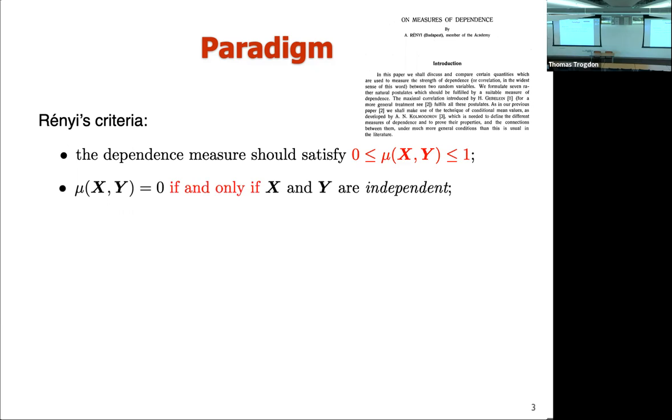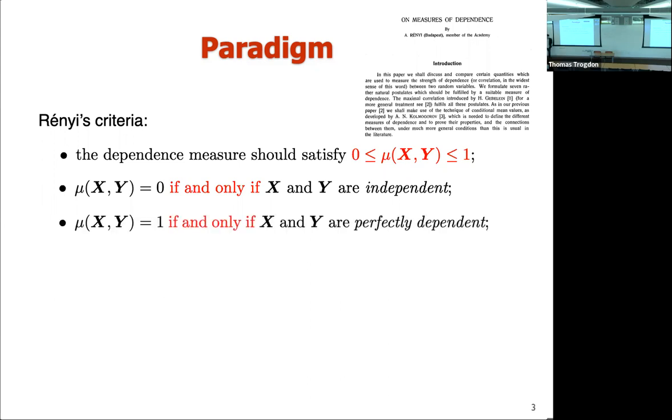Second, this one is a population measure, based only on the joint probability measure of X and Y. It is 0 if and only if X and Y are independent. Pretty nice. Third, this measure of dependence should be 1 if and only if X and Y are perfectly dependent.